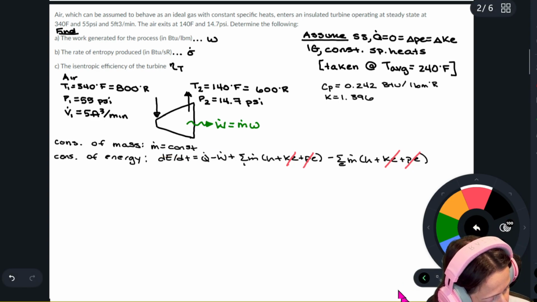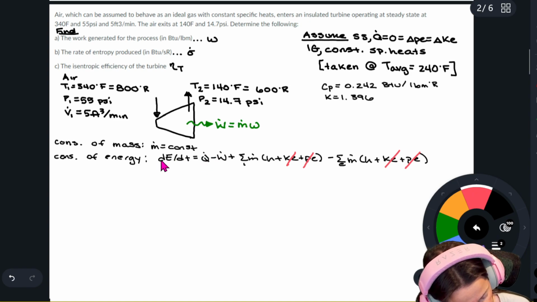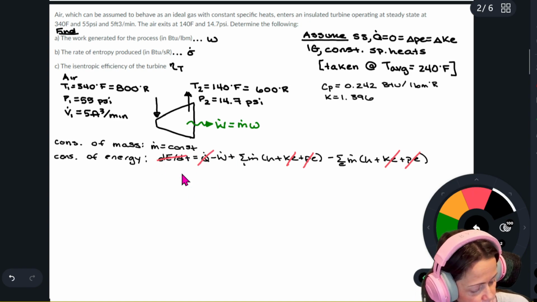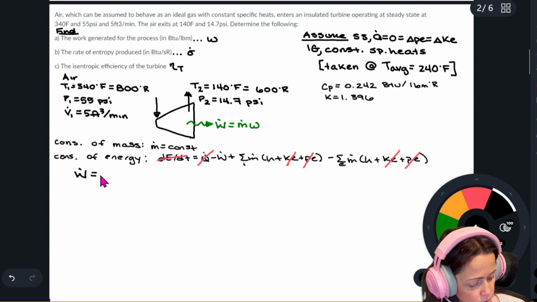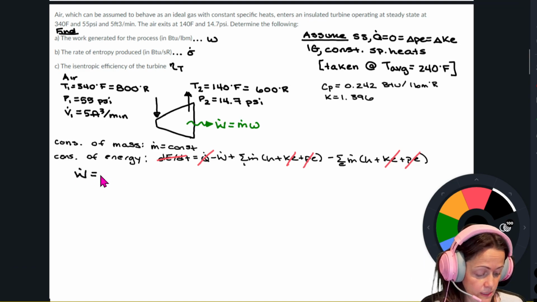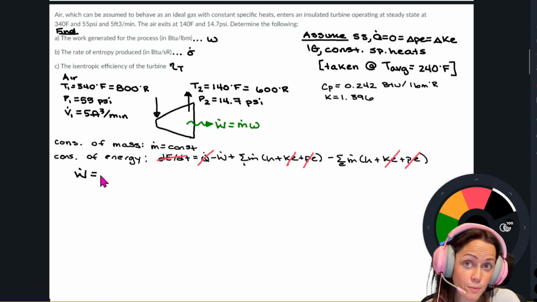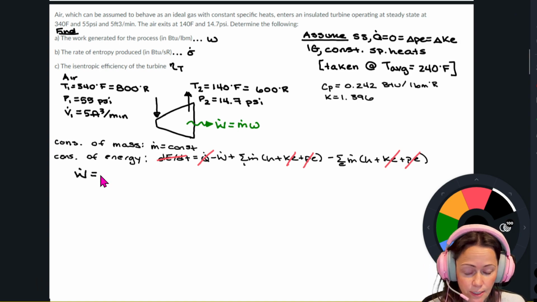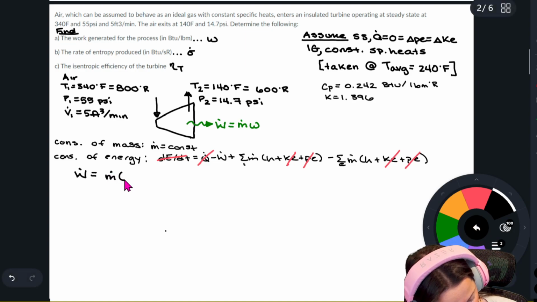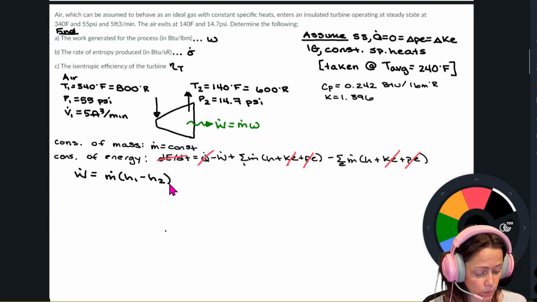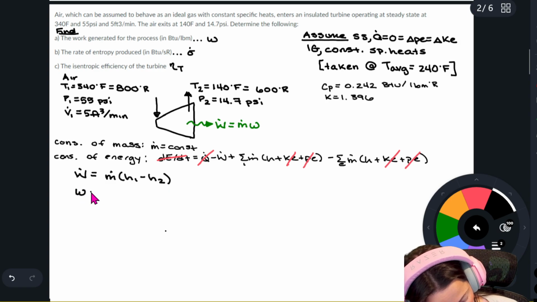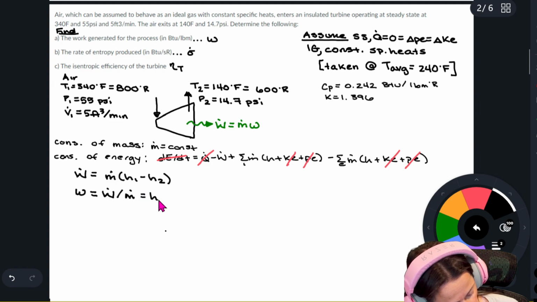And I don't have any heat transfer, and so all I should have left is the W dot, and it's equal to the sum of the m dot h's coming in minus the sum of the m dot h's going out, and the m dot is the same at the inlet as it is at the outlet, so I'm going to be left with m dot times h1 minus h2. Perfect. All right, and then of course I know little w is going to be W dot divided by m dot, and that's h1 minus h2.